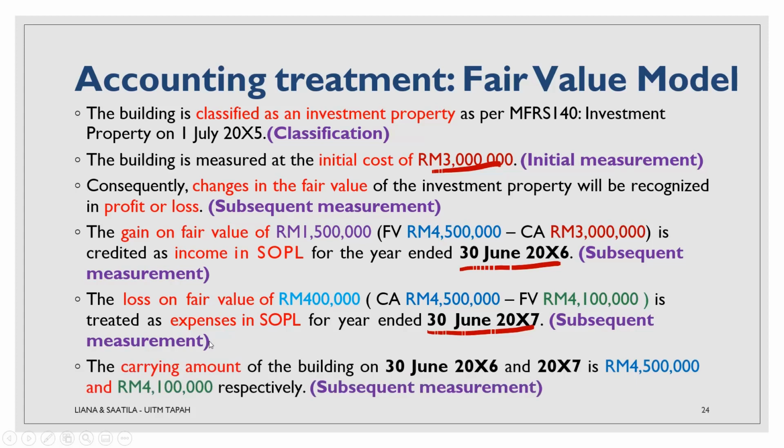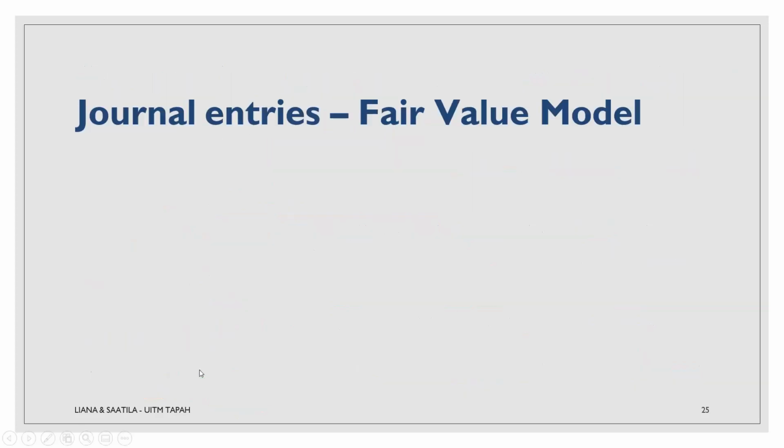And what are the carrying amounts as at those reporting dates? On 30th of June, it was 4.5 million, and on 30th of June 2007, that was carried at 4.1 million, and this is at fair value, as well as this is also at fair value.